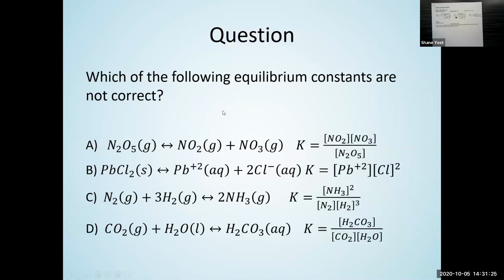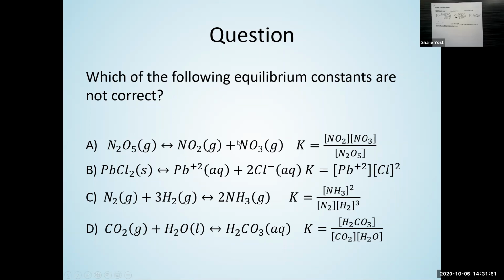So for example, reaction A here, let's say, has an equilibrium constant, that's the expression, and K equals 1,200 or something like that. Well, the ratio of products to reactants is always going to be equal to 1,200 for this equilibrium reaction, no matter what initial concentrations you start off with. It does not matter.